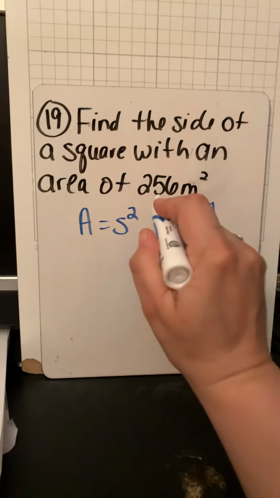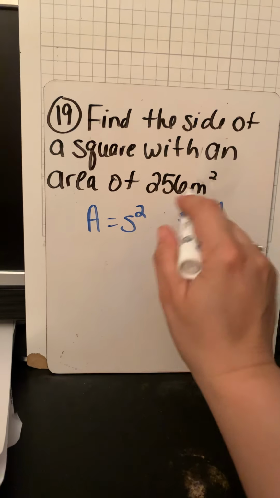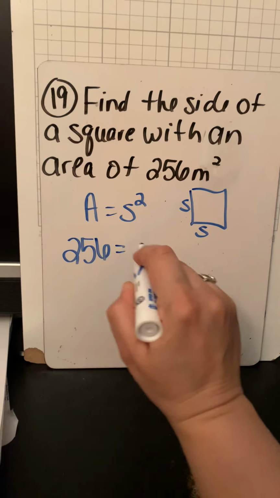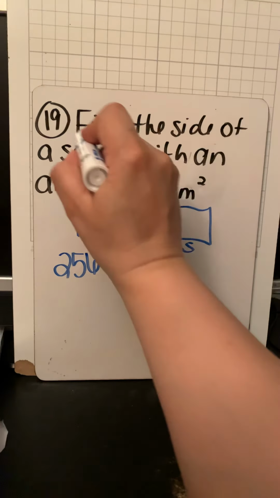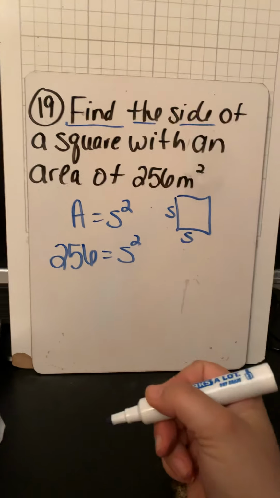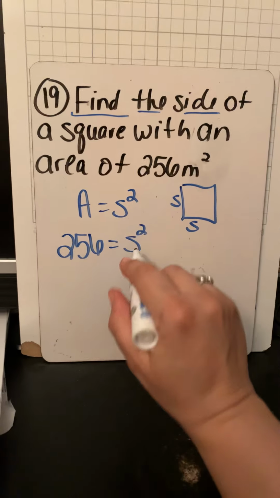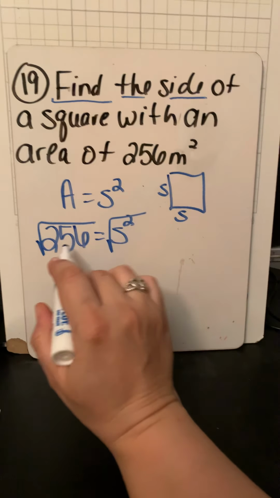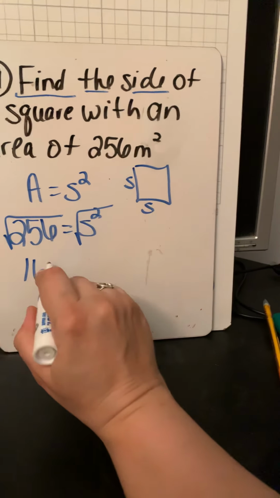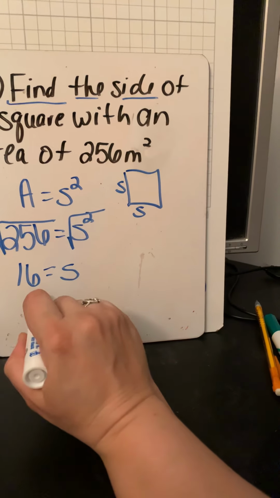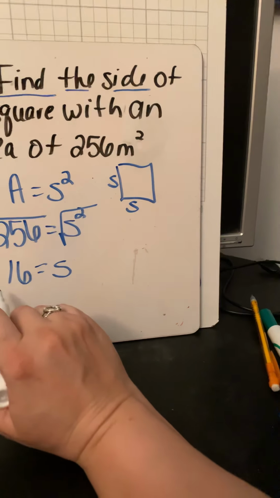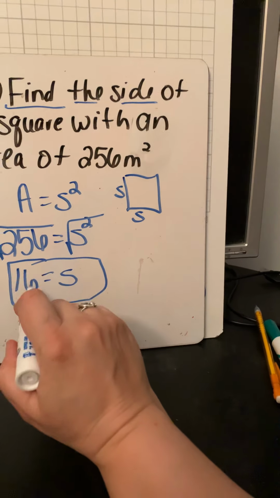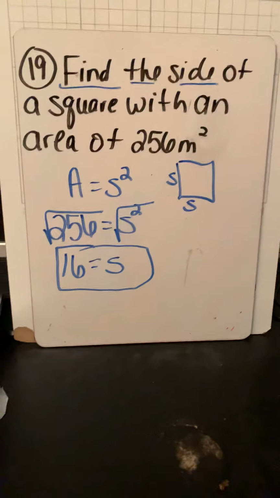So let's plug in. They said the area is 256. So 256 equals s squared. Because what are we trying to find? Find the side. How do I get s by itself? Square root it. Square root of 256 is 16. 16 equals s. Notice I'm not going to do a minus. I'm just going to keep it positive. Why? You can't have a negative side length. So leave that as a positive 16.